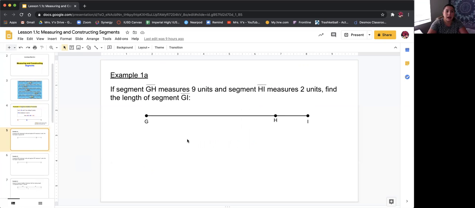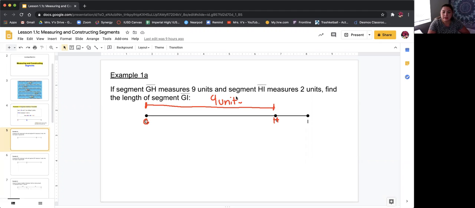of GI. So let's first identify what we were given in order to solve for what needs to be solved for. We have segment GH, and here's G, here's H. We started from endpoint G, and it goes all the way to H, and we say that this is 9 units. The next information that's given, I'm going to do this in blue.